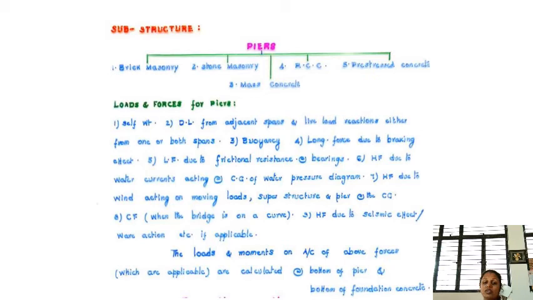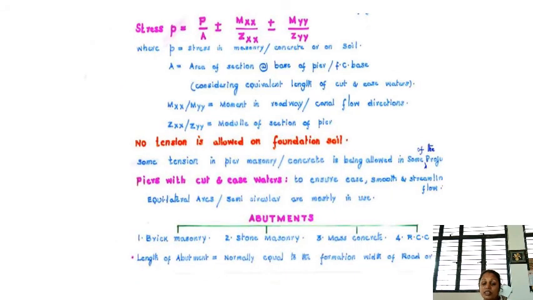We need to look for the loads and forces. These are the self weight, the dead load from the adjacent spans, buoyancy, longitudinal forces due to braking effect, frictional resistance of the bearings, water currents, wind pressure, then any curve effect, and seismic effect. These are some of the loads and forces that should be considered in the design of piers.